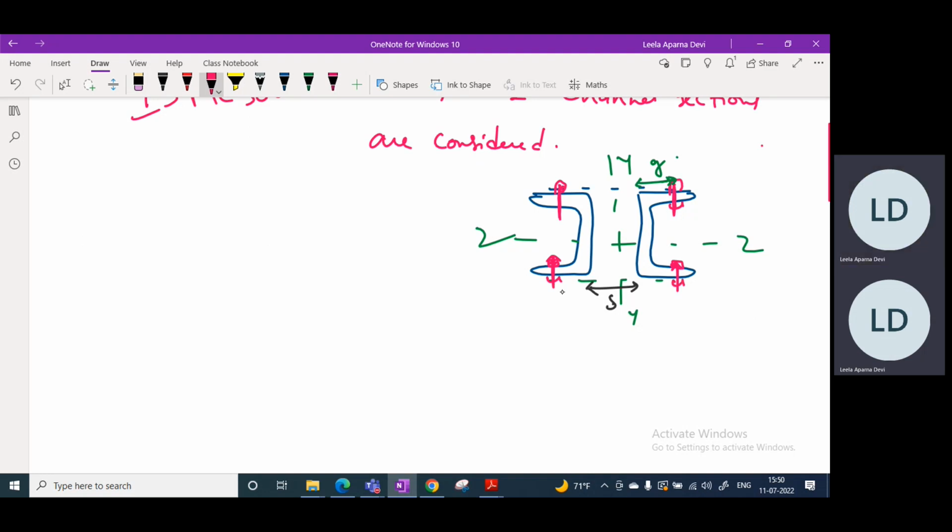This is our gauge distance and this is also gauge distance.